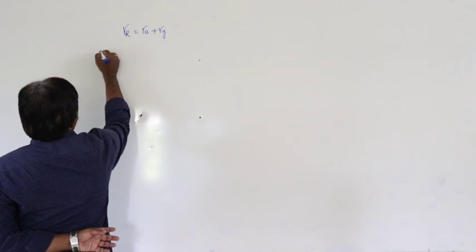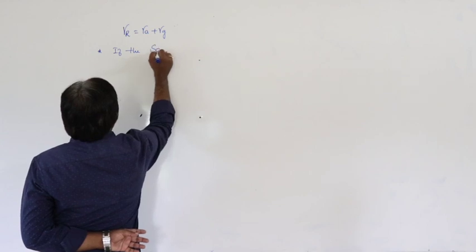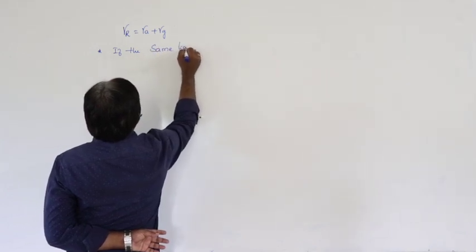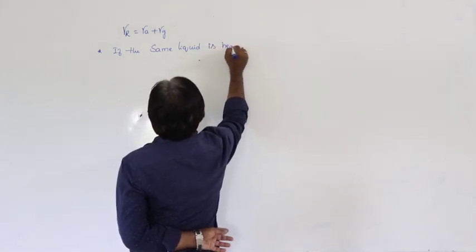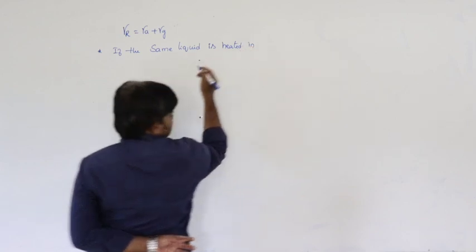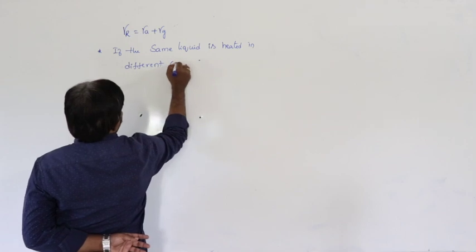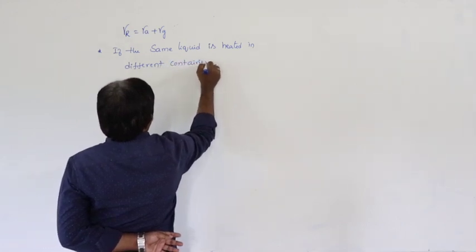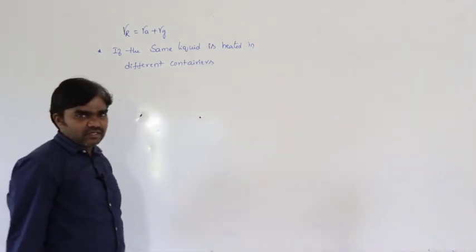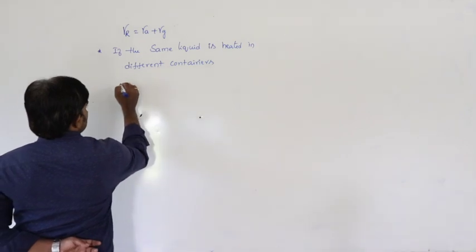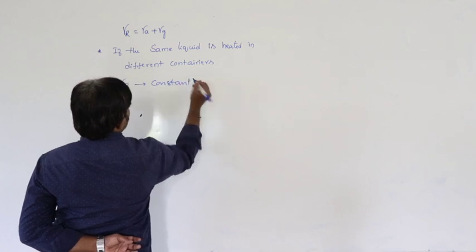Now, for example, the condition is: if the same liquid is heated in different containers, in this situation the gamma R value remains constant.